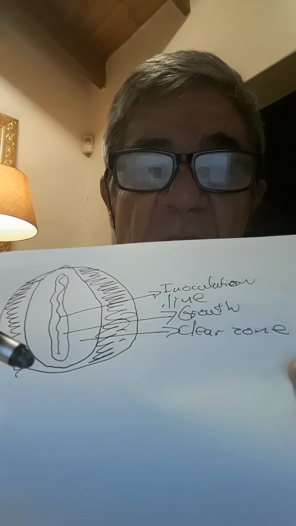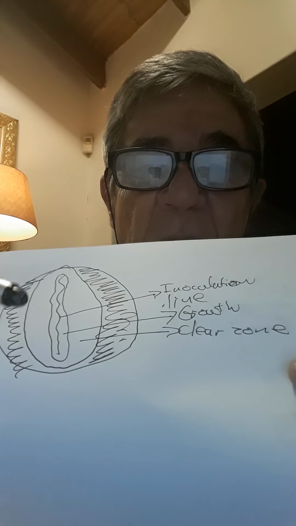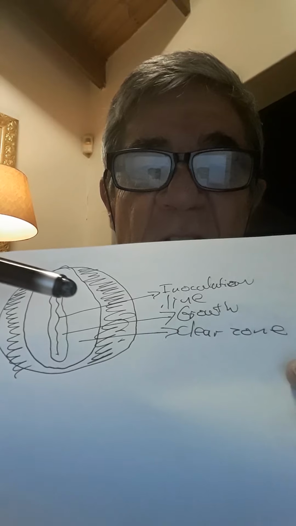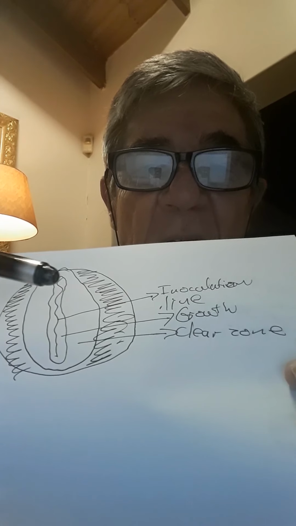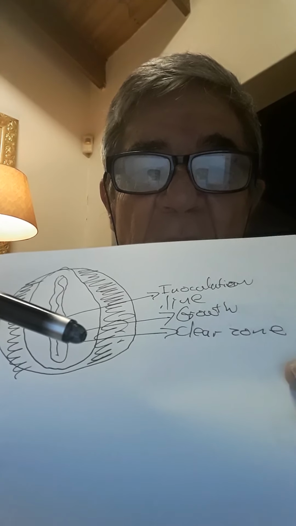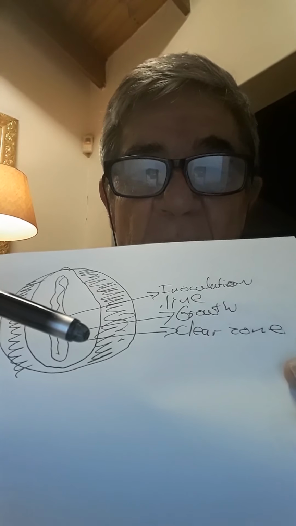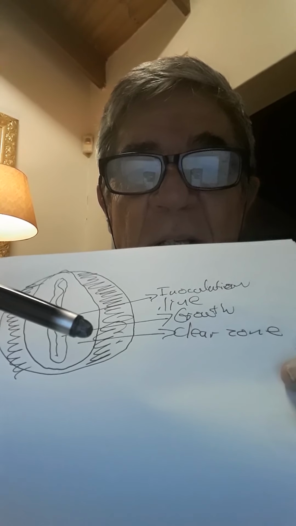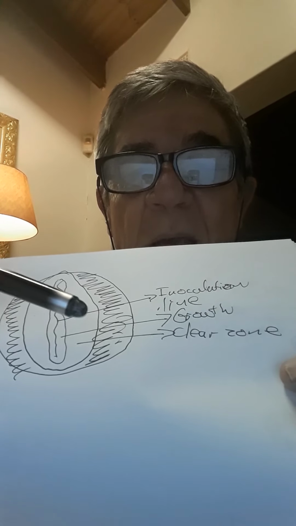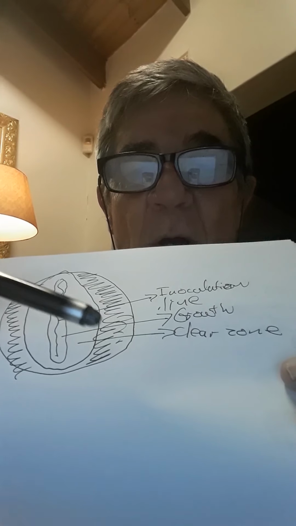This clear zone around the organism is an indication for us that the organism can break down starch.